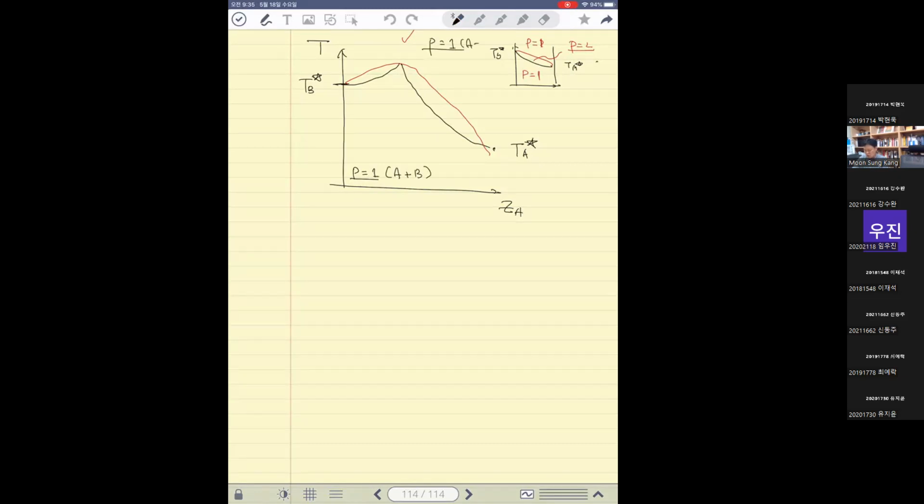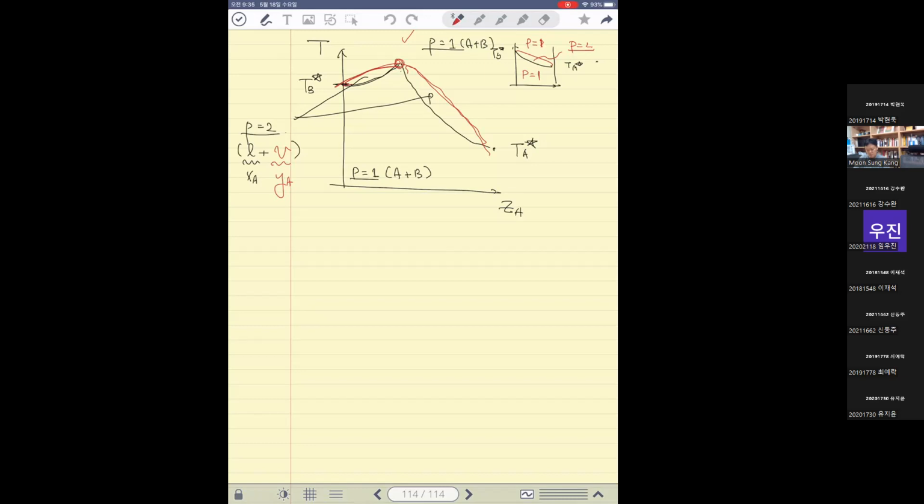It's going to be a vapor mixture of A plus B. Here and here, P is going to be equal to 2, and I'm going to have a liquid phase and a vapor phase. The liquid phase would follow the composition XA drawn in black line. The vapor phase is going to follow the composition drawn in the red curve here.